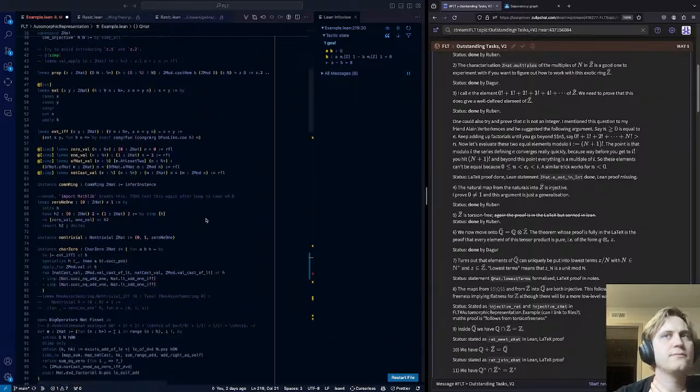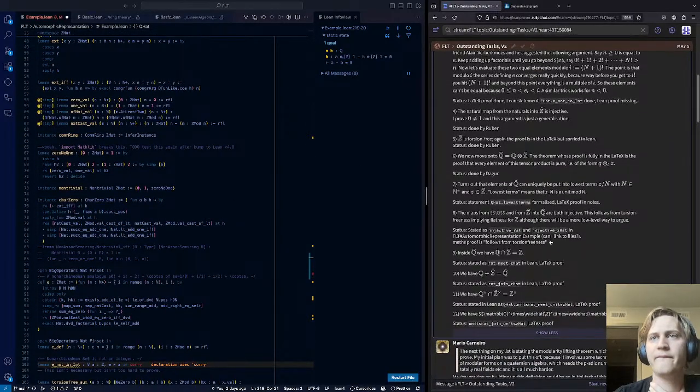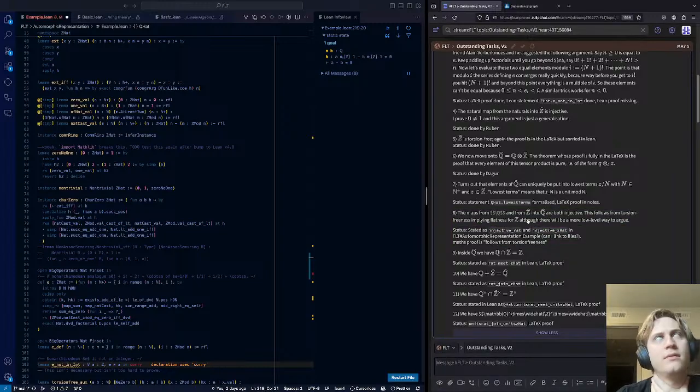Q hat. The maps. Okay, so this is the one, right? The maps from Q and from Z hat into Q hat are both injective. This follows from torsion freeness. Okay, this is interesting. The fact that he's actually saying there's something I have to know in order to prove this is a bit concerning.